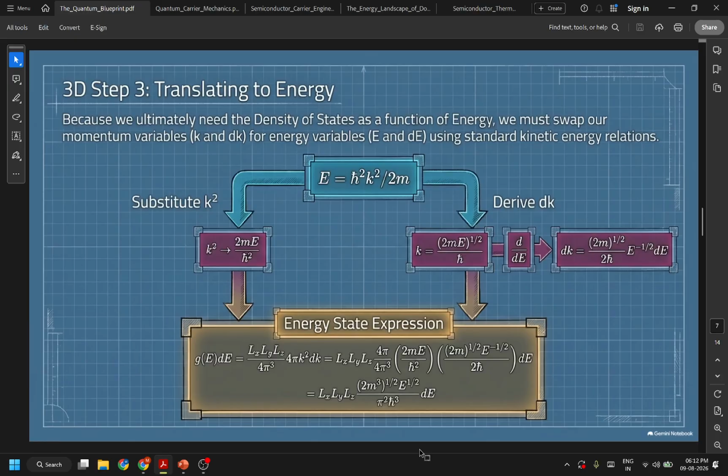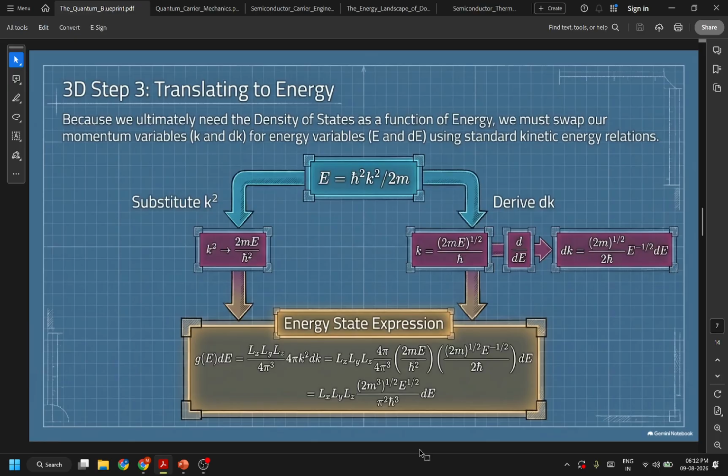Now we convert it to energy. Energy we know is h bar squared k squared by 2m, so k squared is 2mE by h bar squared, and this gives us k as (2mE) to the half by h bar. When we do d by dE, we get dk as (2m) to the half by 2 h bar, E to the minus half, dE.